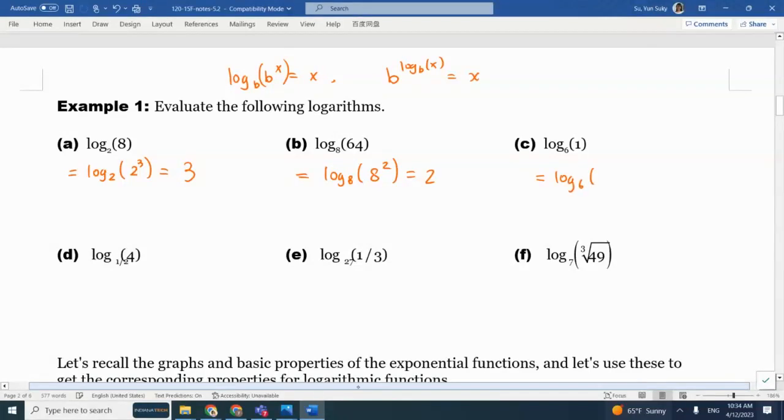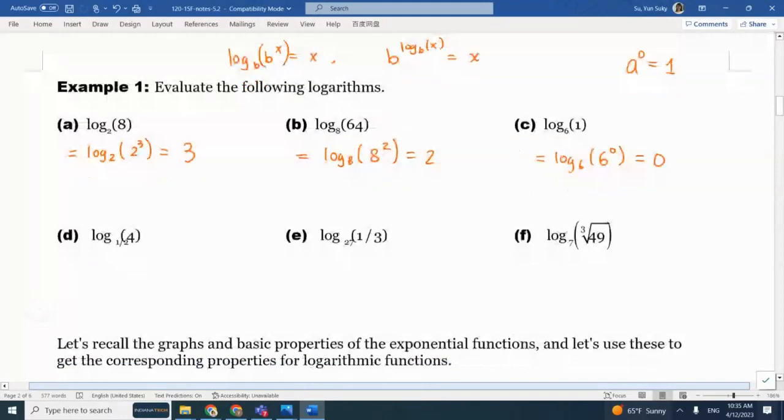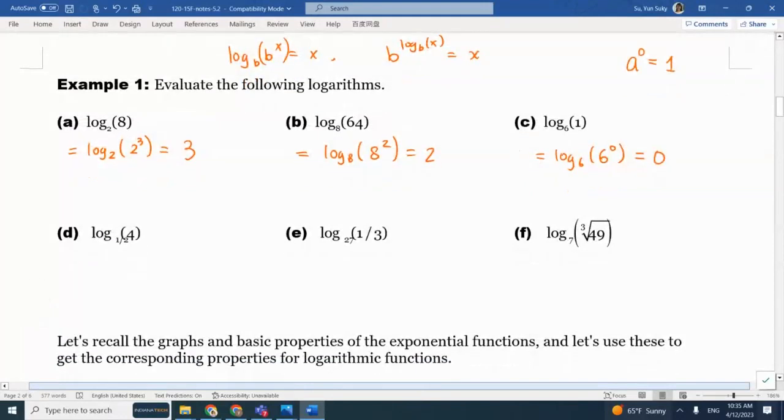What is 1? Everything to the 0 is 1. Do you know that? So we can express 1 as 6 to the 0. So you get 0. Good. So for parts A, B, C, we can use this method.